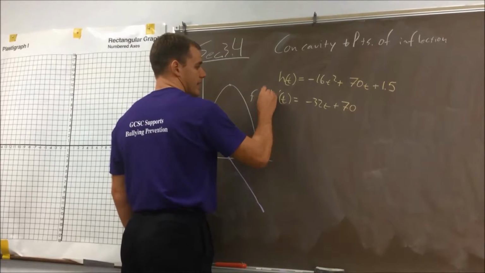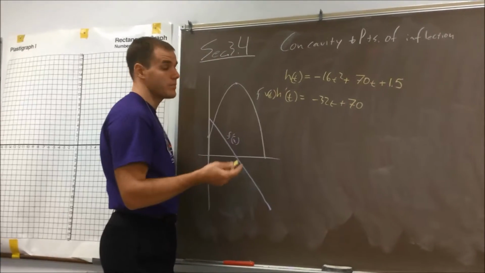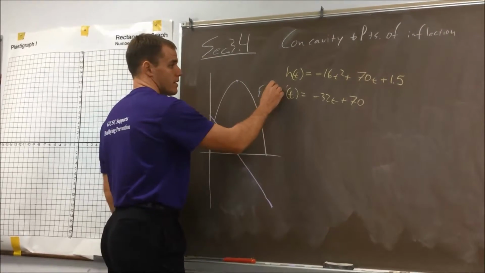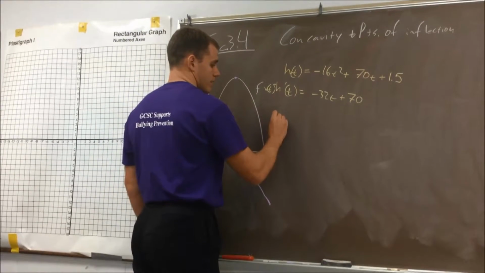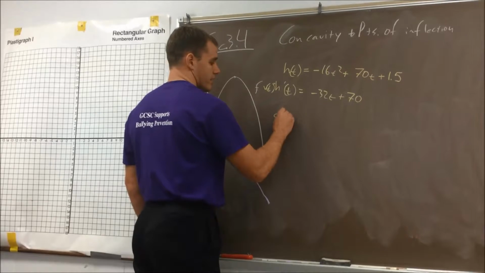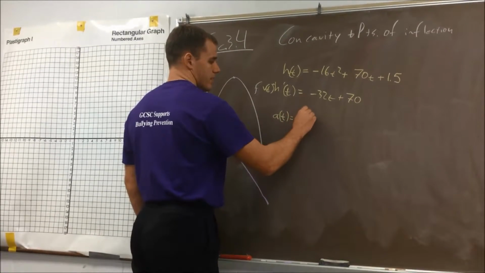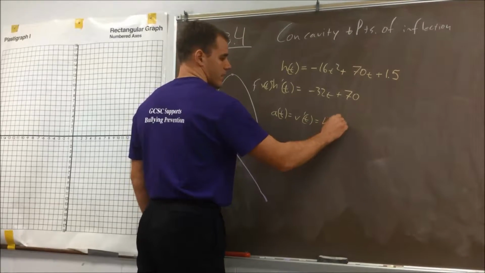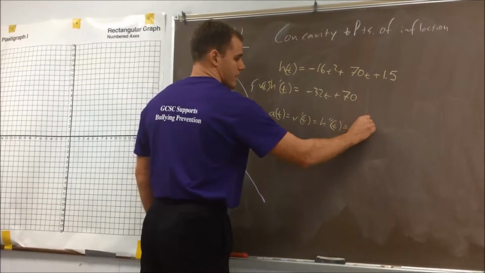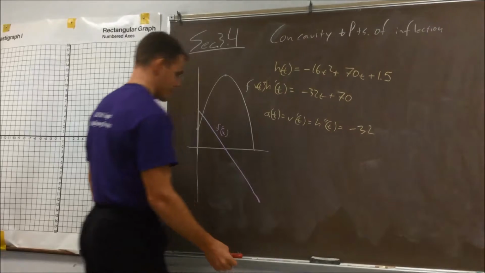Now that tells us our velocity at any given moment. Okay? We derive it again, and you're going to get acceleration. Derive that, and we're just going to get negative 32, right?